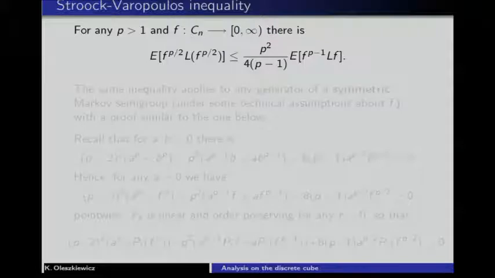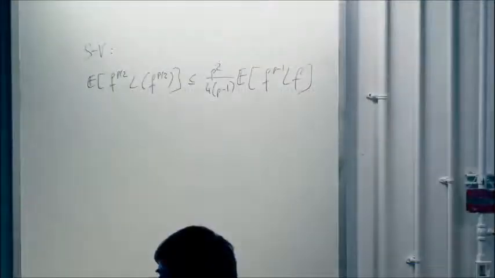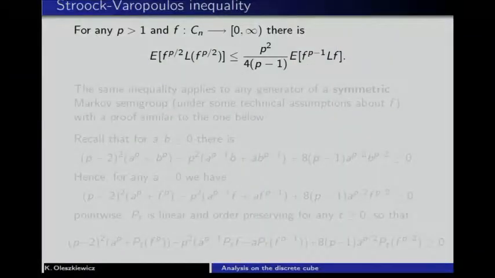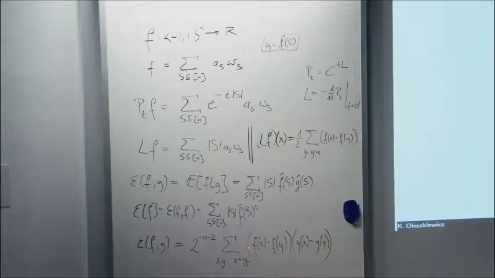To write down this expression and this expression, you simply use this formula that allows you to expand the energy functional, the expectation of a function times L of another function, in the form of such a sum. So you do that. In these terms there will be f to the power p over 2, and here you will get again f to the power p over 2, over x's and y's that are neighbors.